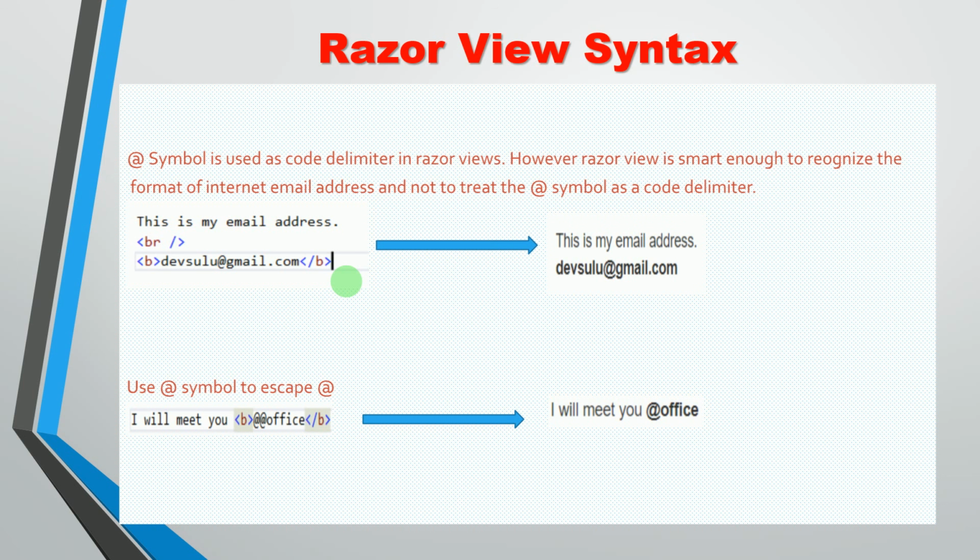Means if you write an email address, then the Razor view syntax will take it as a simple character, not as the Razor symbol, because MVC uses regular expressions to detect this. Okay, so let's check it.